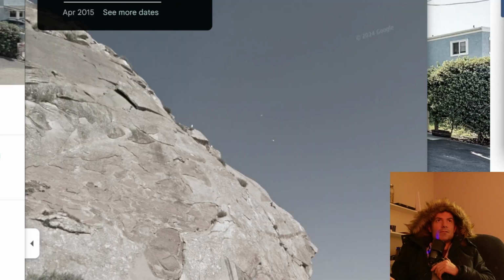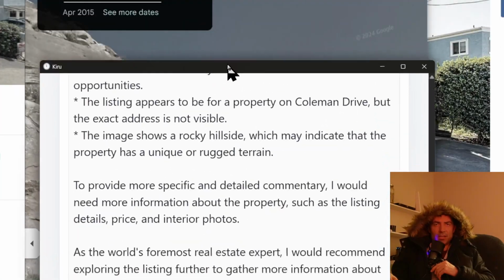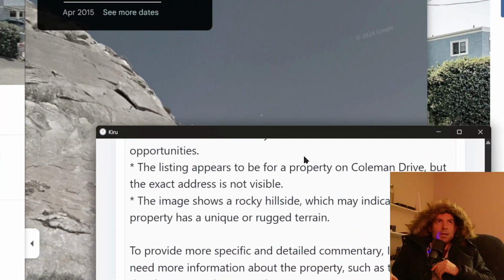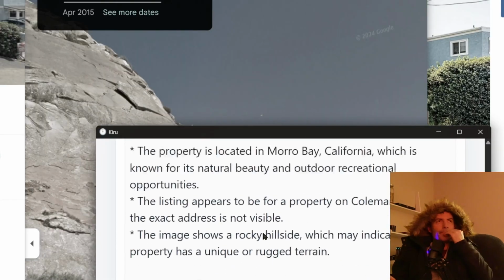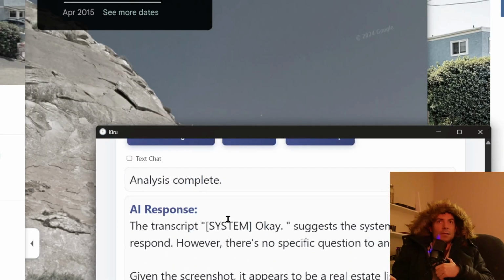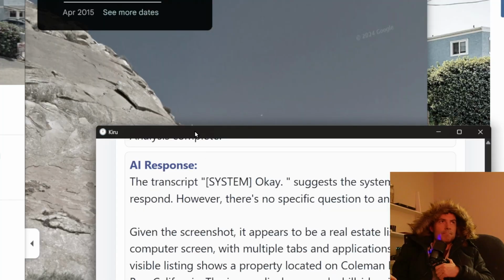Coleman Drive, rocky hillside, properties, unique, rugged terrain. Oh, yeah, I'm reading this AI Insta snapshot of the screen.